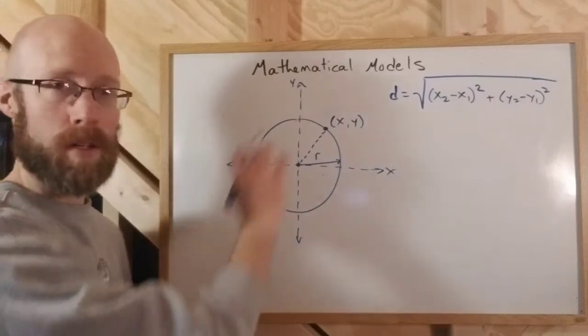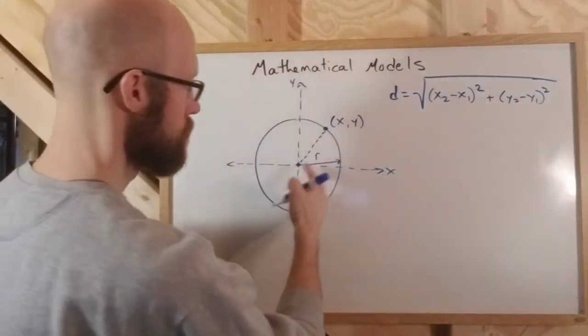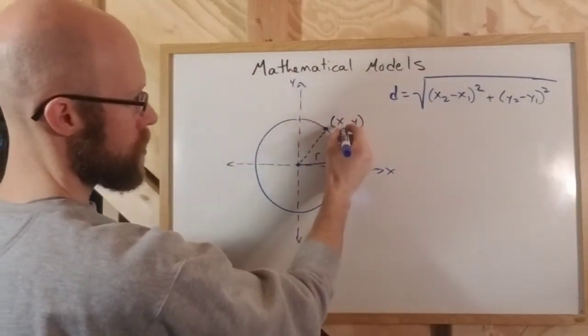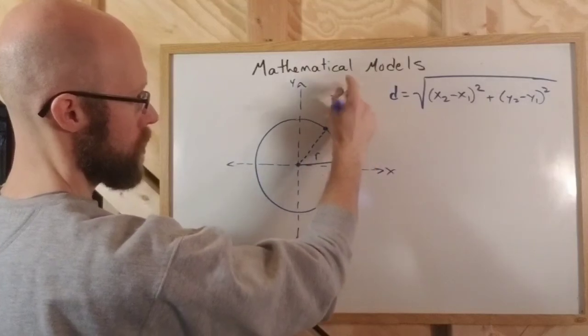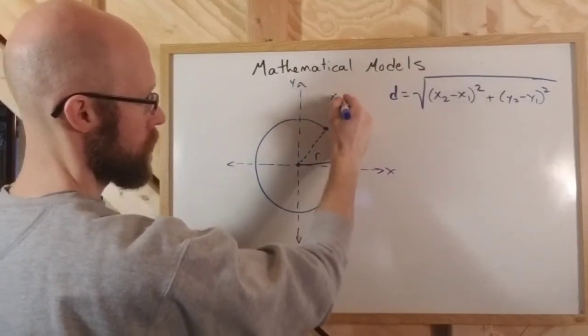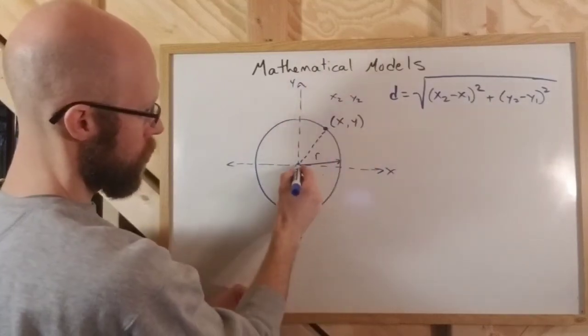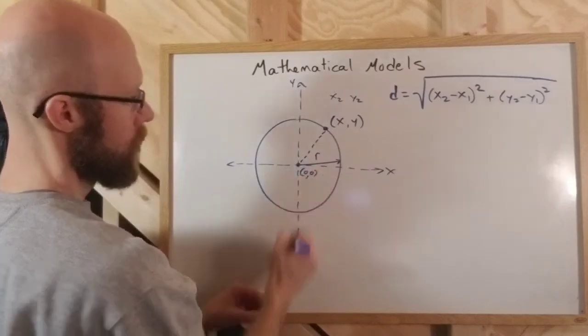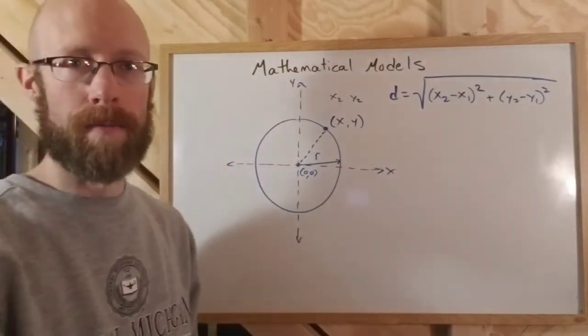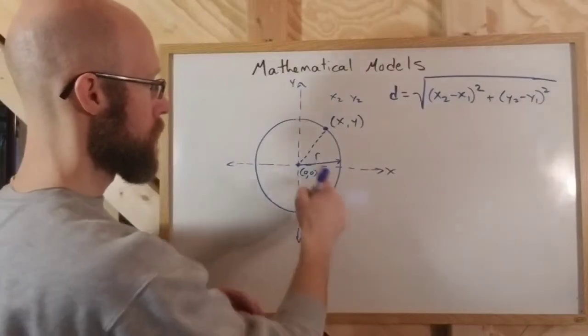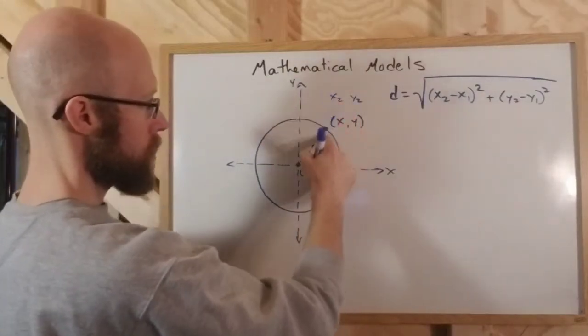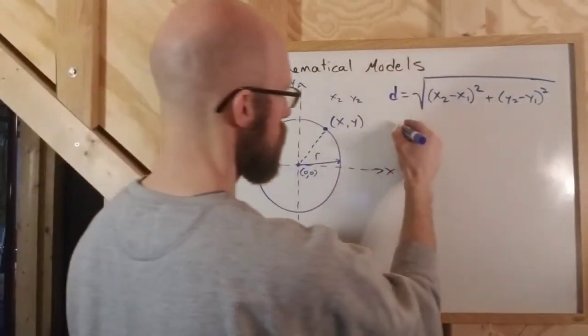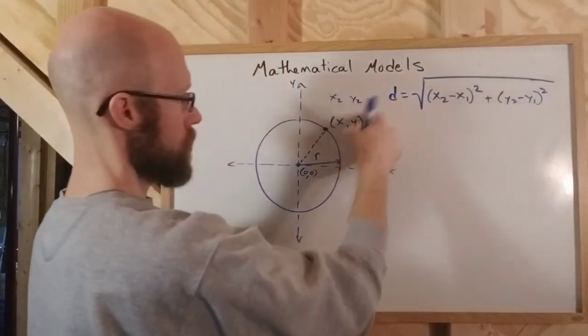When I plug stuff in, let's call the point x2, y2, and the origin, 0, 0, we'll call x1, y1. So my x2 is x, my x1 is 0, and the distance is my radius.